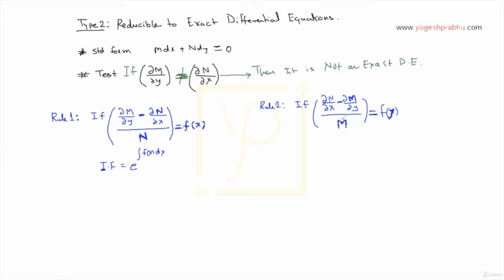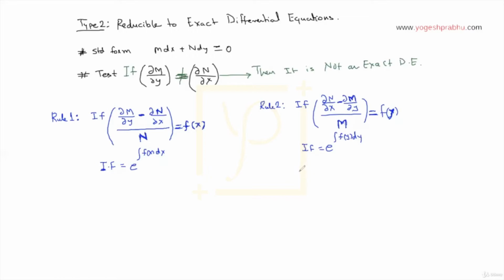Once we solve this bracket, the answer has to be f(y). As soon as you get a purely function of y, we write the integrating factor as e raised to the integration of f(y) dy. Again, this integrating factor can easily convert our non-exact equation into an exact equation. So this is how rule 1 and rule 2 work.